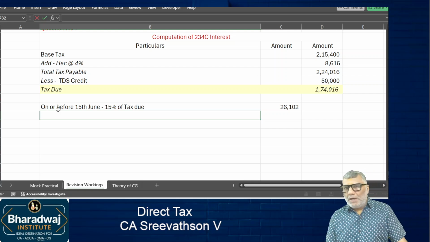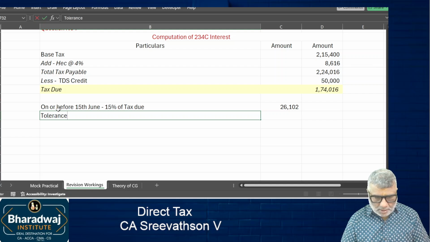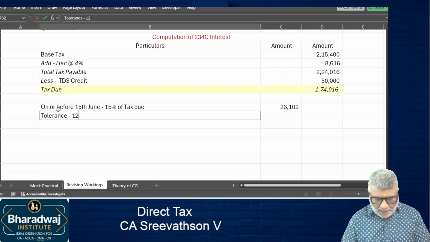But I have paid only 25,000. Tolerance is 12% of tax due.